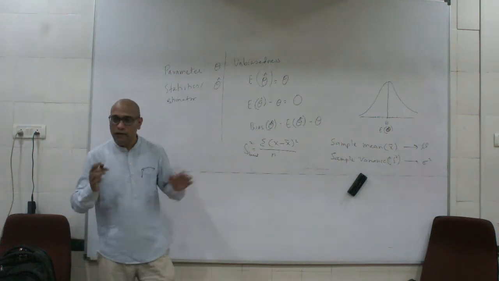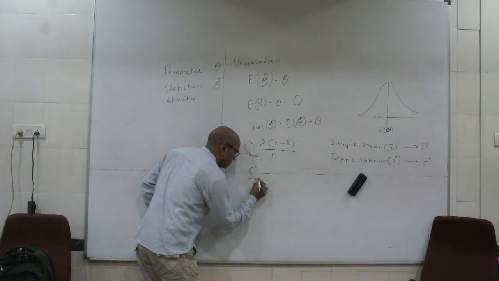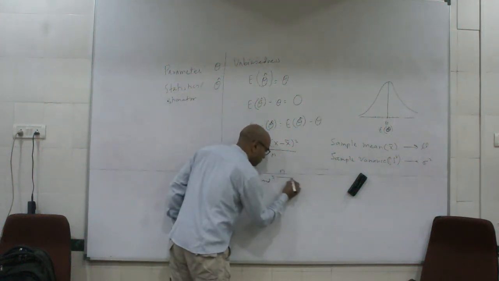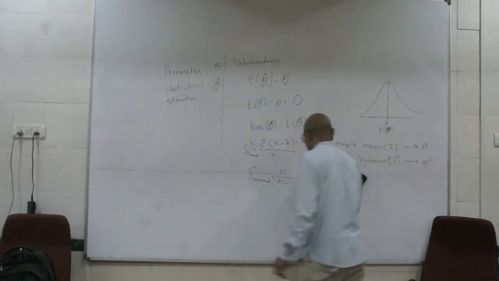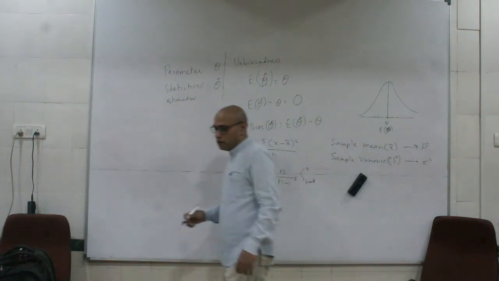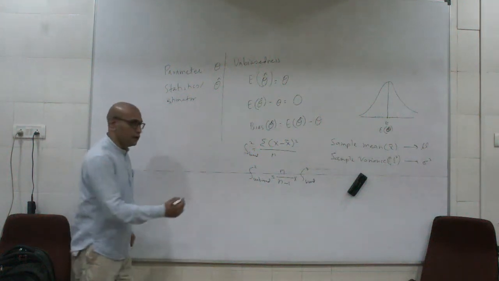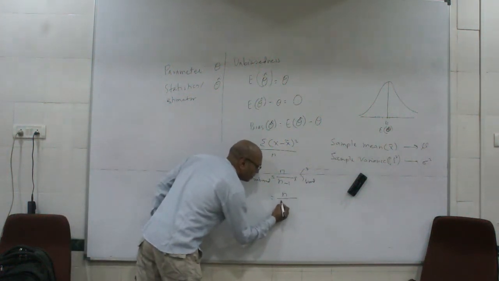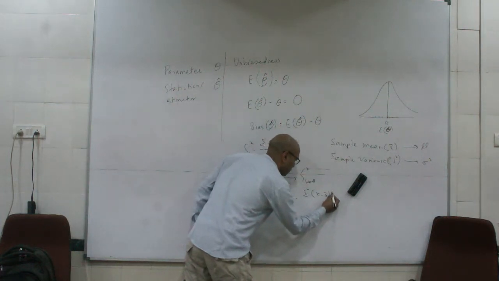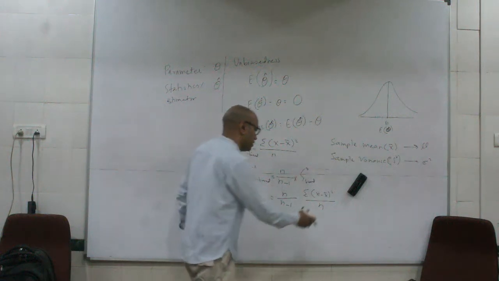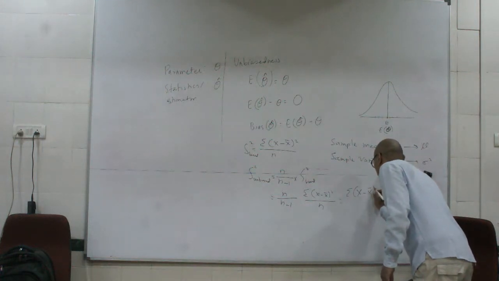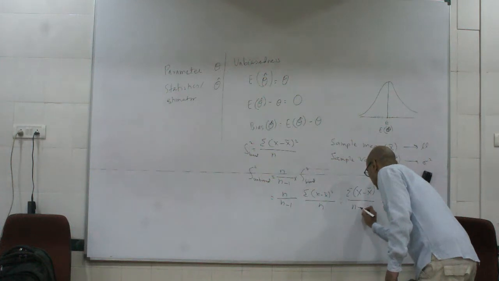So if I want S square unbiased, then I get it by n upon n minus 1 into S square bias, which means I would perhaps be writing n upon n minus 1 into, say, summation x minus x bar bracket square upon n, which actually can be written as summation x minus x bar bracket square upon n minus 1.